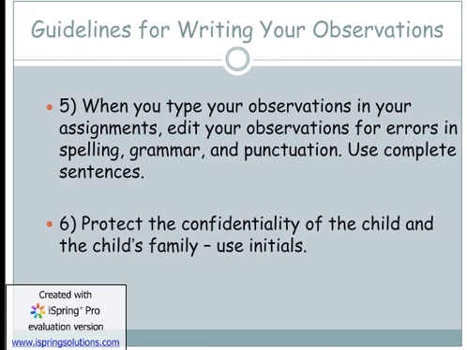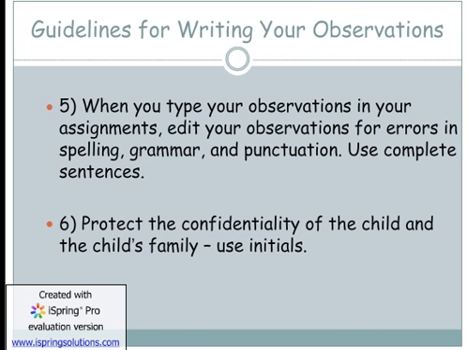If you want to use abbreviations, incomplete sentences, or symbols, anything like that helps you to get detail, that's fine. But when you turn in some of the selected observation events as a part of your assignment, you should edit those to make sure there are no errors in spelling, grammar, and punctuation.